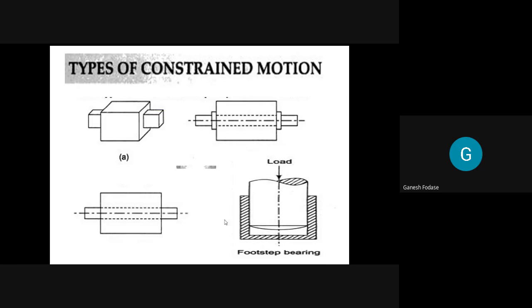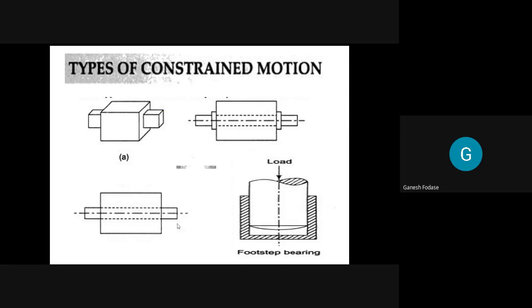So when motion is possible in more than one direction, but by applying some external means we restrict it to only one direction, then that motion is called a successfully constrained motion. It is constrained motion, but it is successfully constrained. Successfully means we apply some effort to make it constrained.